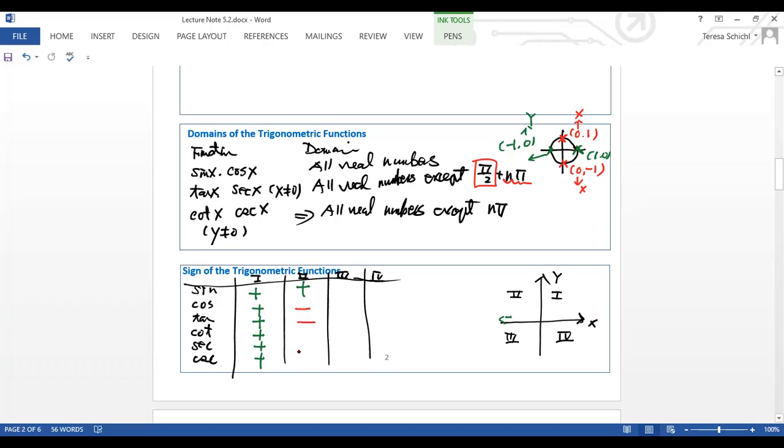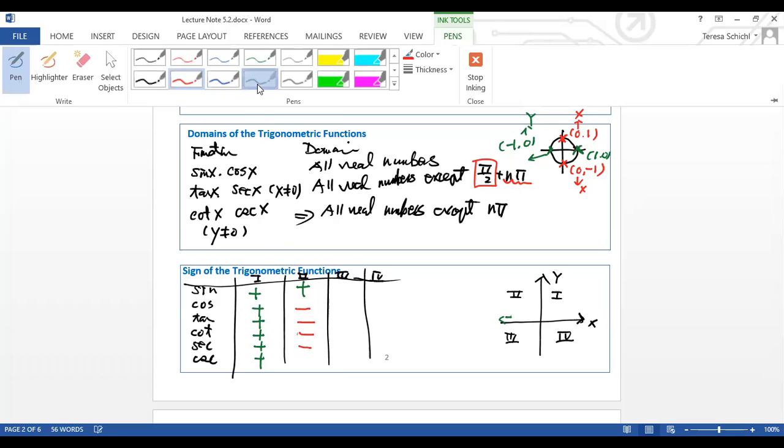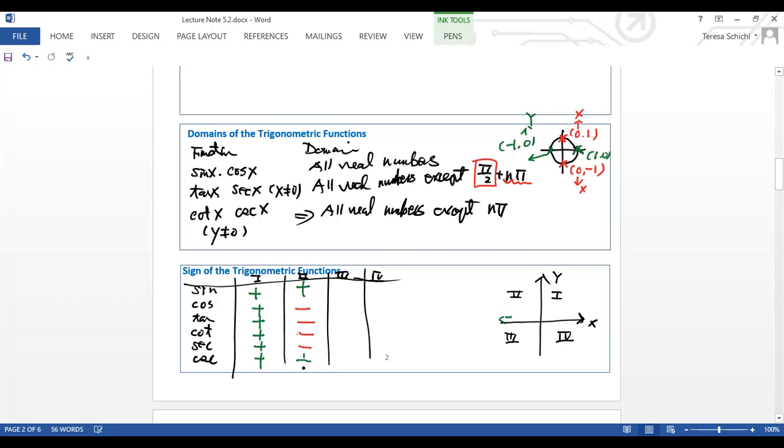Cotangent is x over y, so it is negative. Secant is 1 over x, so it is negative. Then cosecant is 1 over y, so it is positive.